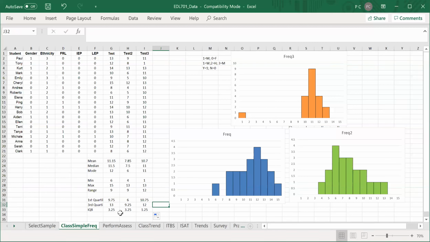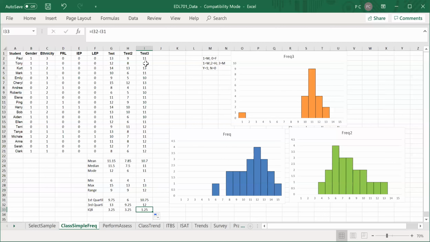You can see that test 1 and test 2 have the same interquartile range, because if you look at the shape, in terms of spread they seem to be similar. And test 3 has a narrower interquartile range. Although we added an outlier, and you do see that the range is getting bigger, it does not affect the interquartile range.